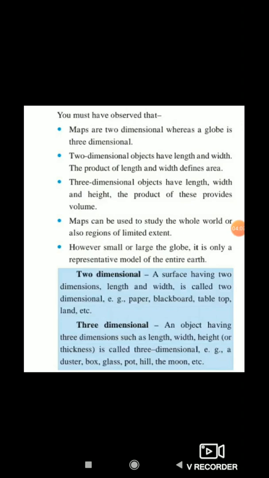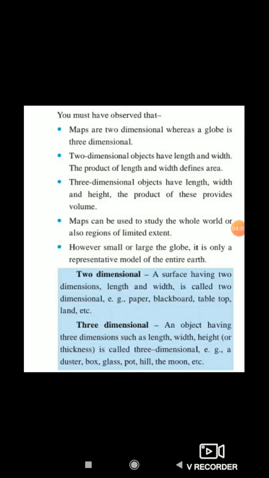Third difference we see that maps can be used to study the whole world or a particular region also, whereas a small or a large globe is only a representative model of the entire earth. Understood the three differences? Okay.